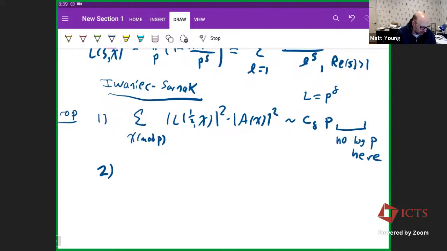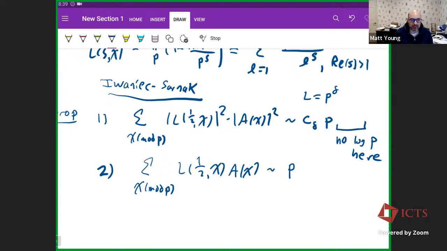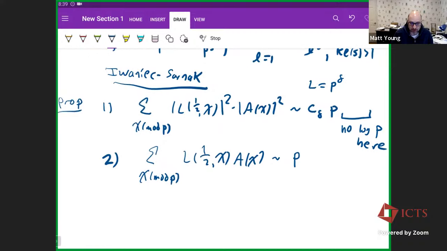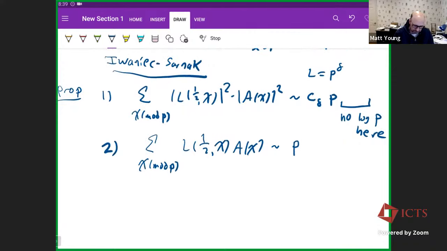And then the second result, which is much easier, and just a little bit harder than the exercise I assigned you yesterday, is to compute the first moment of this, and this will also be asymptotic to p. So in this case, both the first and second moment have the same order of magnitude. They're both like p.